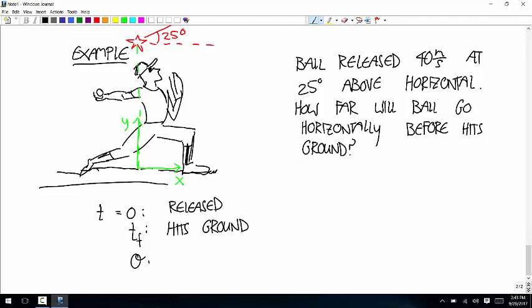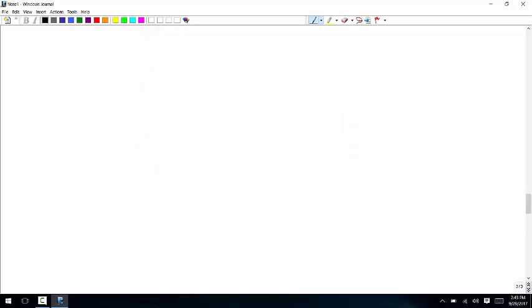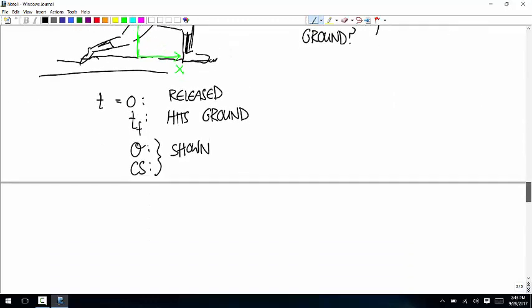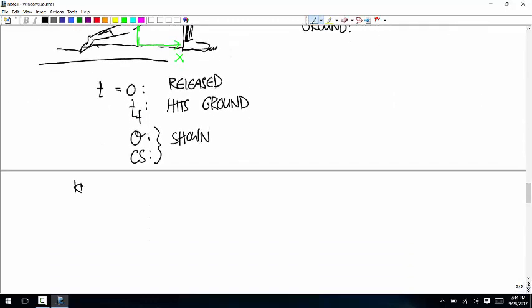So the origin location and the coordinate system orientation are just shown in the picture. And now we have to think about what variables we know and want. Do we know the elapsed time before it hits the ground? Nope. If we can get by without it, that's fine, though.